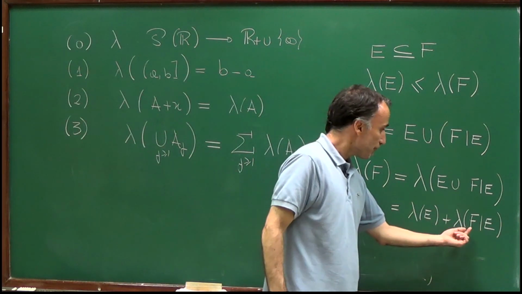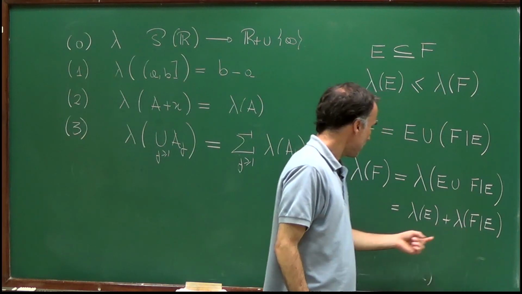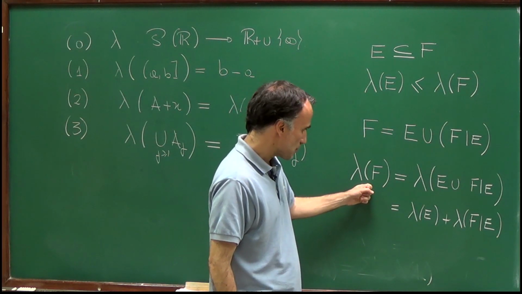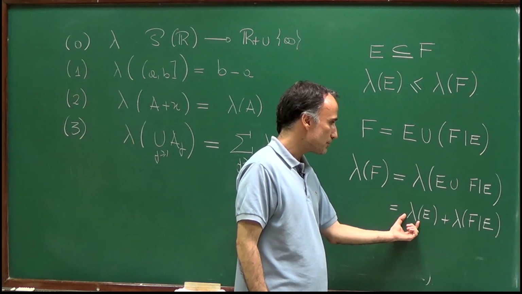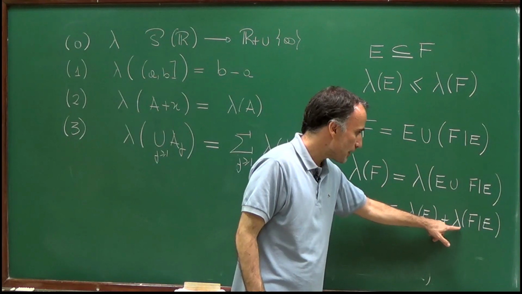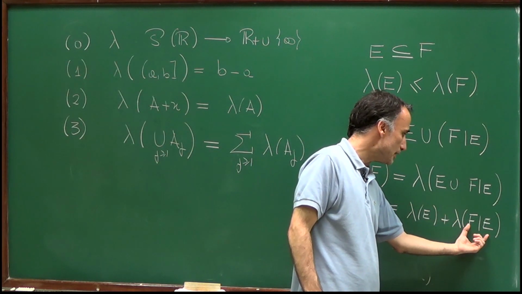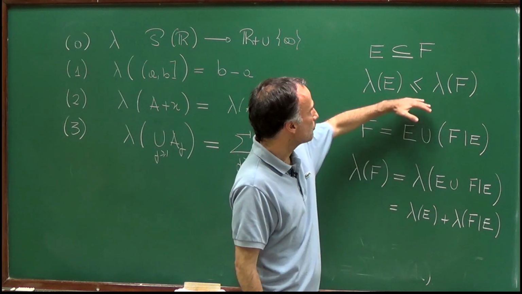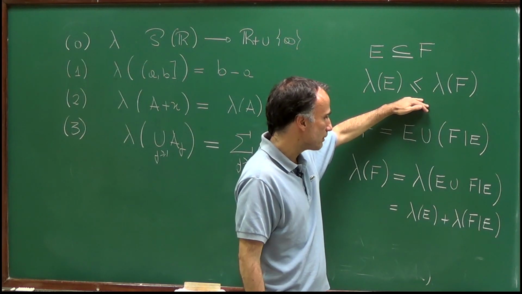Well, if the measure of F minus E is plus infinity, I get that lambda F is plus infinity because lambda takes only non-negative values, in which case this inequality holds trivially.